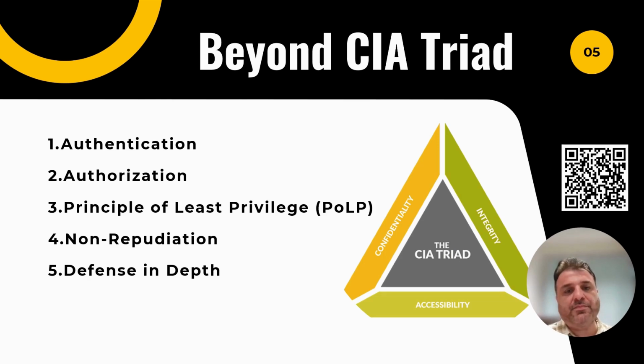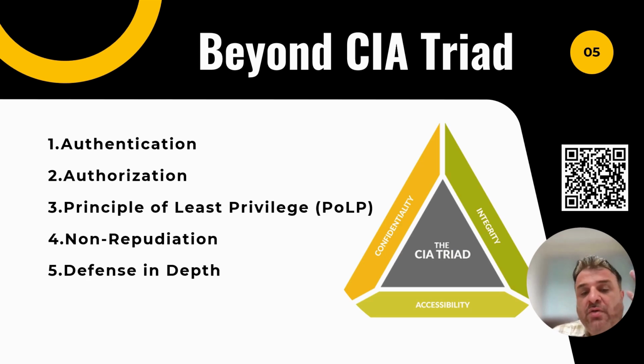So let's talk about authorization here. Authorization determines the access rights and privileges granted to authenticated users. There are many models here, but the first model could be role-based access control, or RBAC.